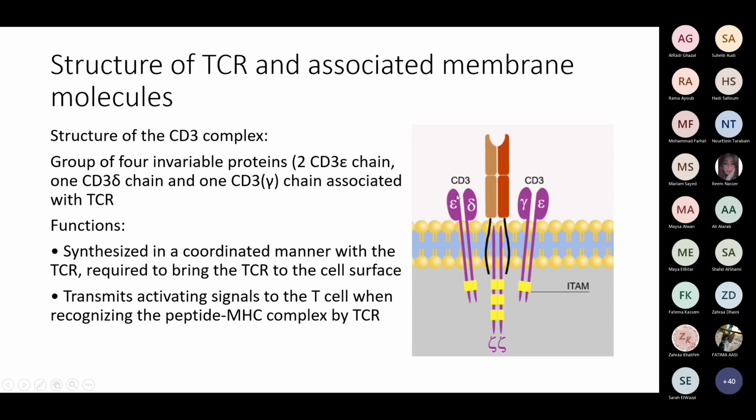It's a group of 4 proteins: CD3 epsilon, delta, gamma, and zeta. Actually, there are 2 CD3 epsilon and 2 zeta, and epsilon interacts with gamma and with delta. Notice these CD3 proteins have ITAMs. Who remembers what the ITAMs are? Motifs for signaling, phosphorylation.